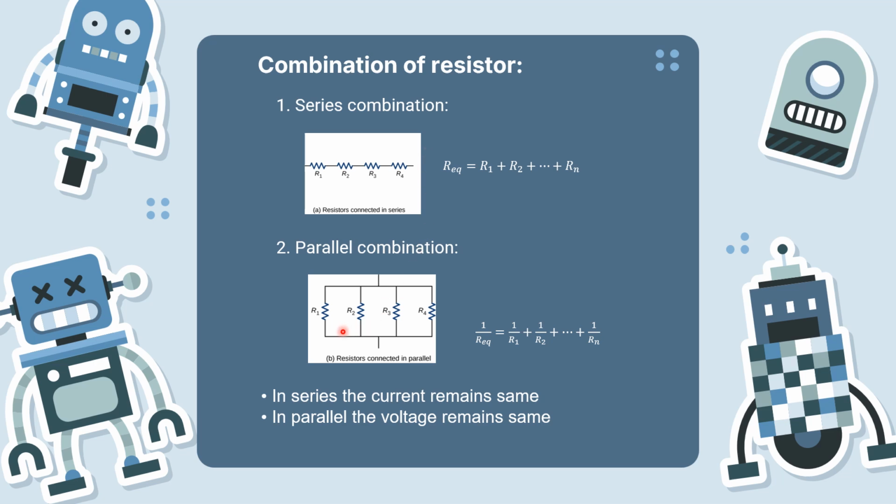However, in parallel mode, since the current finds several new paths, as you can see here, the current is divided between several paths here, here, and here, so it changes. But the voltage remains constant because the voltage is directly connected to the two ends of each resistor as before. So in series, the current remains the same, but in a parallel combination, the voltage remains the same.